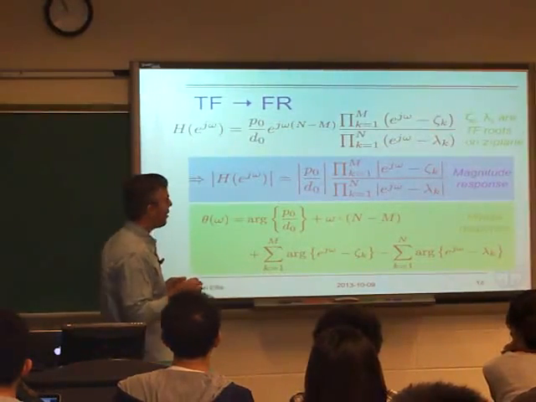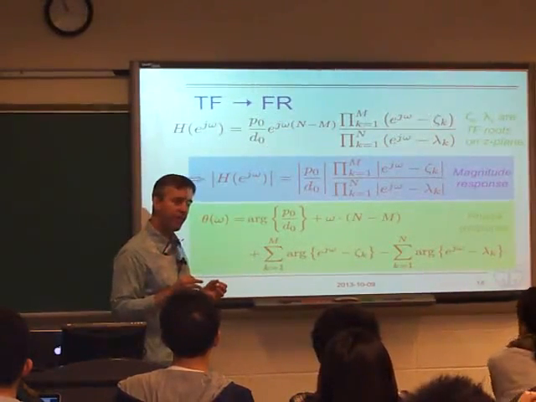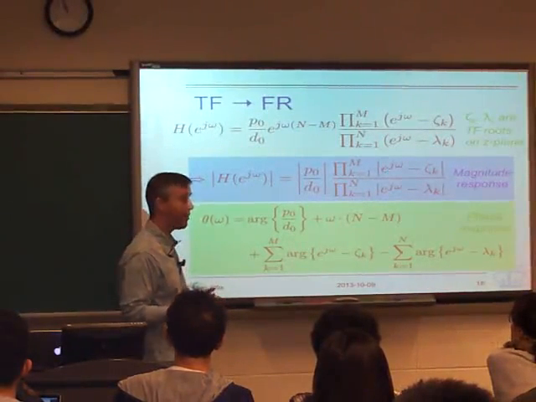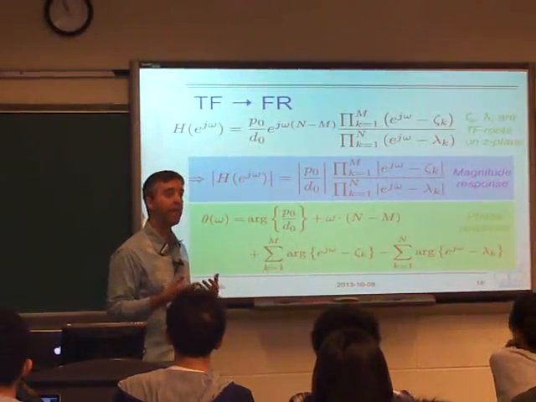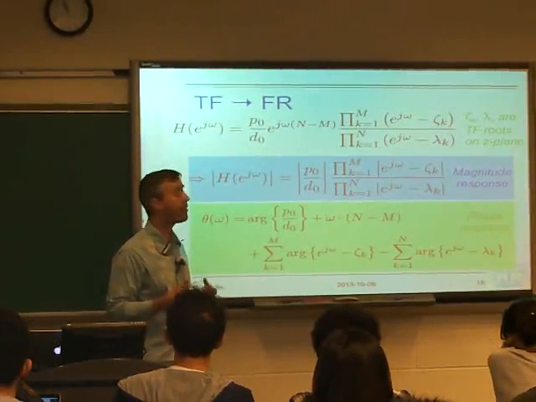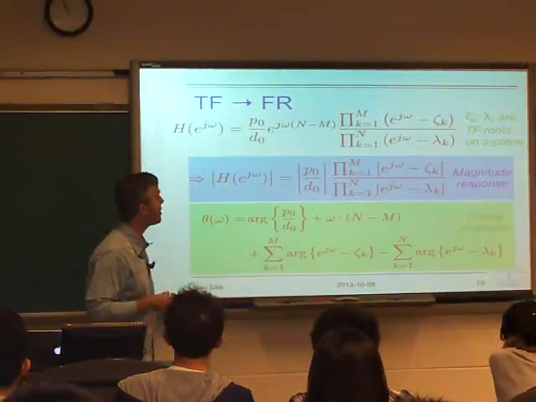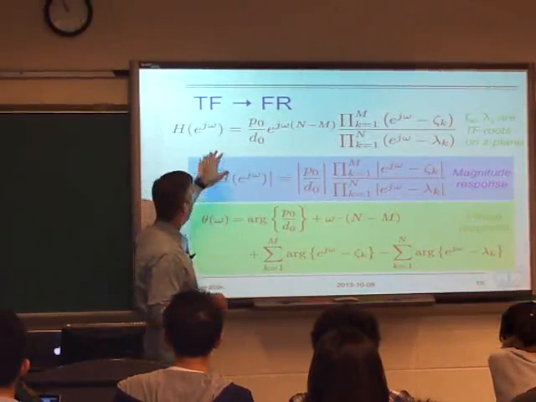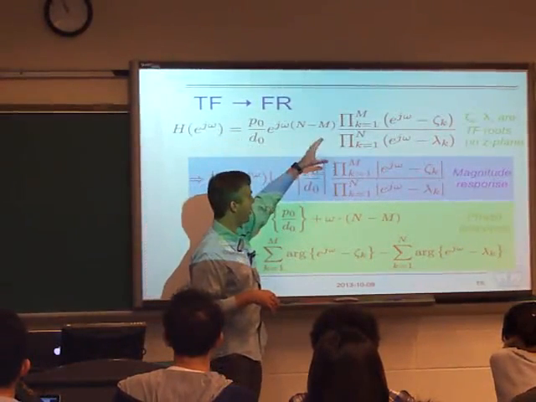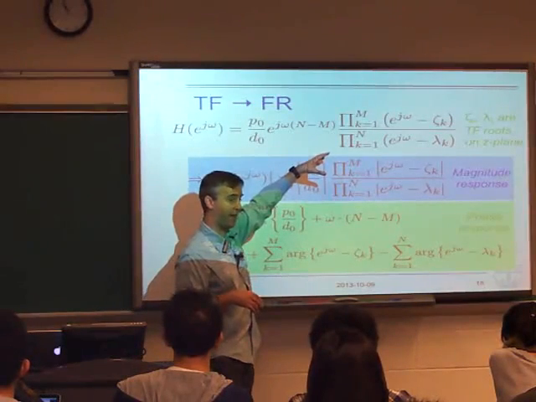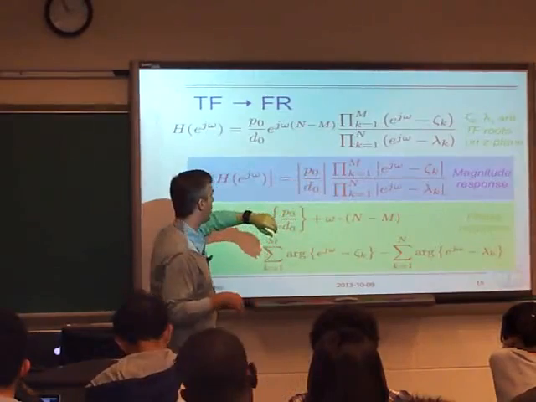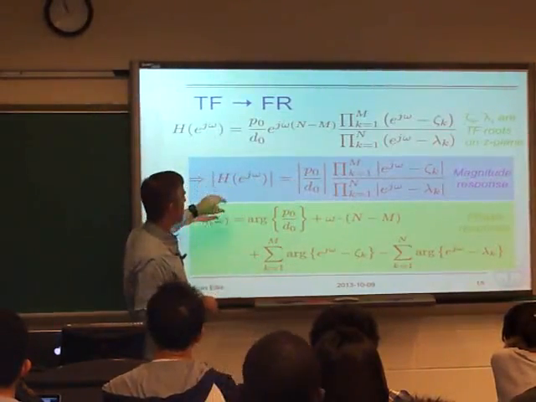Now, what we said was interesting about the Fourier transform was to evaluate its magnitude and phase as a function of frequency, because that tells us the gain and the phase shift that would be applied to sinusoids of those frequencies fed into the system. So if we have our H of e to the j omega, which is just our z-transform with z replaced by e to the j omega, then we can write down this magnitude and phase.